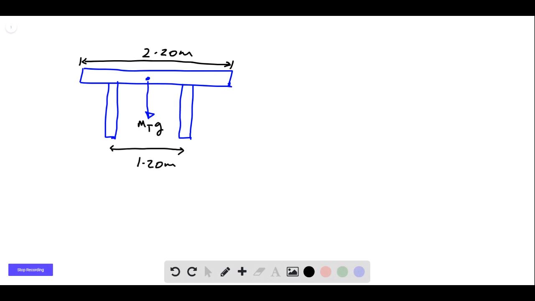The distance between the center of gravity of the table up until the right leg would be half of 1.2, which is 0.6 meters.